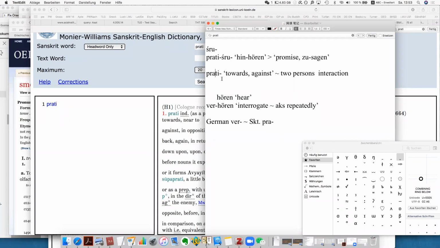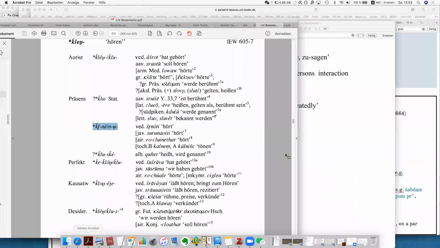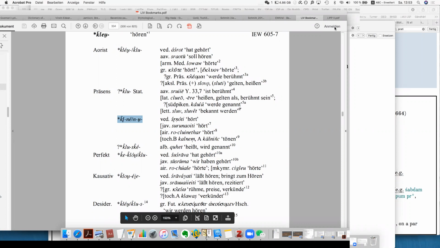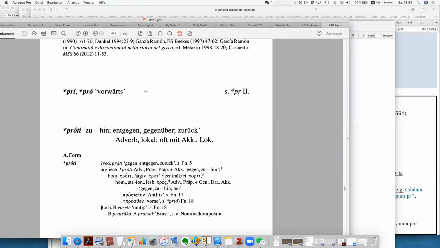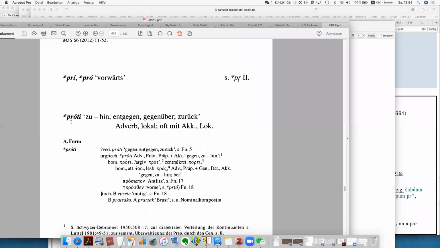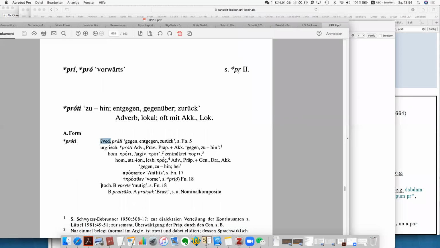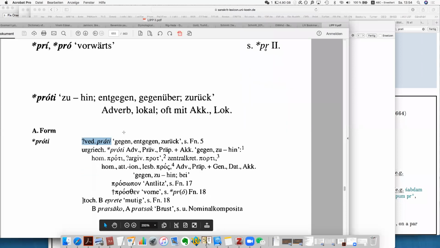they are actually also related. Let's check the dictionary by Dunker. Wait a minute. So actually, pro. This is the origin of the Sanskrit word prati. Make it bigger here. Big enough, yeah.